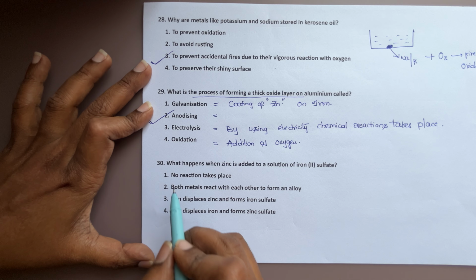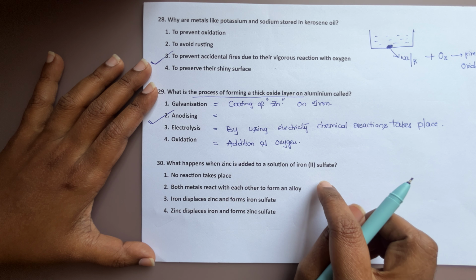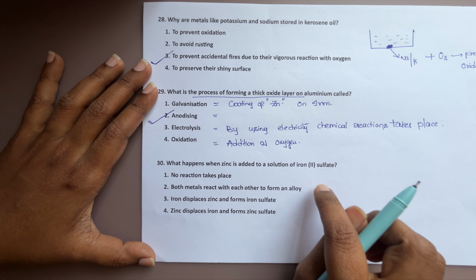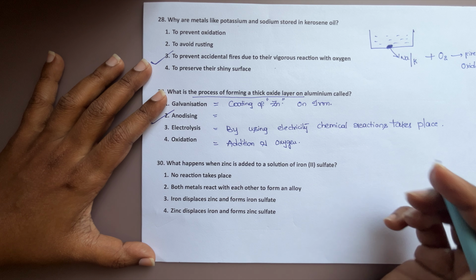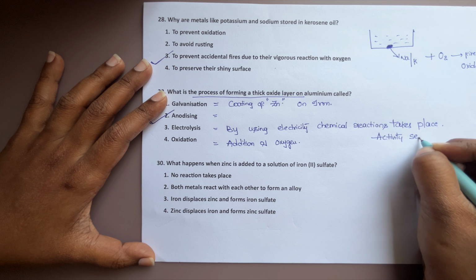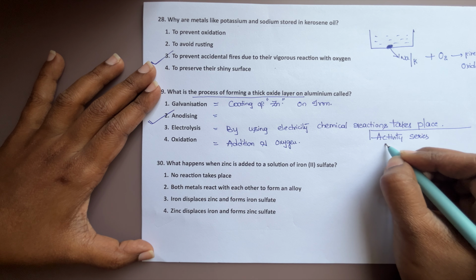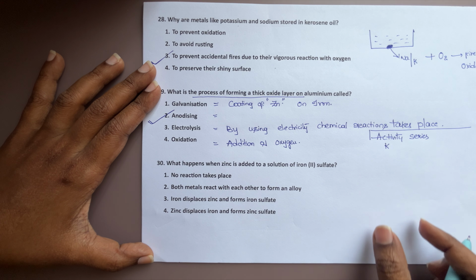Now next question. What happens when zinc is added to a solution? I already told you in previous classes, the activity series is there. So what is meant by activity series? We have a series of metals arranged.